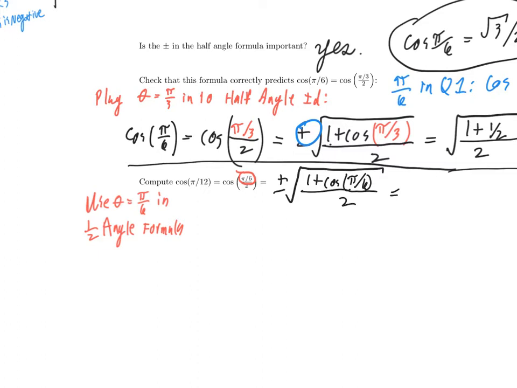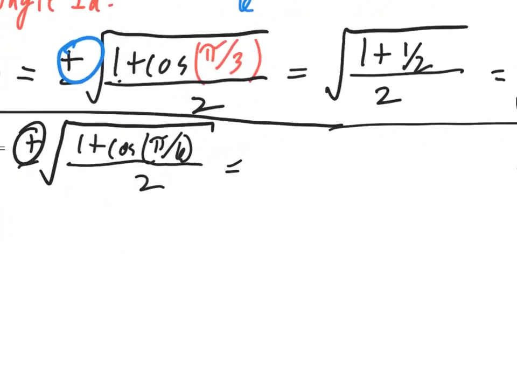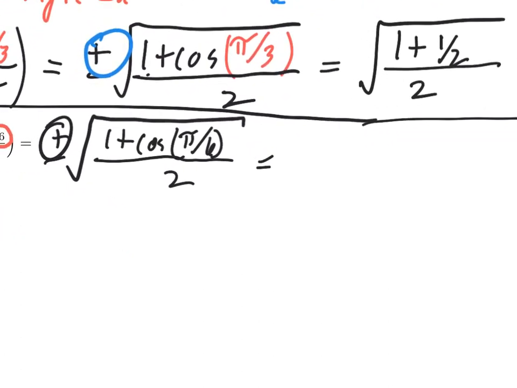Plus or minus? Well, pi over 12 is a very small angle. So we're starting at horizontal and we're rotating up by just a little bit. That'll put us in quadrant 1. So without writing anything, just thinking those thoughts, you can see this should be a positive. And now we'll replace that pi over 6, this was supposed to be red.